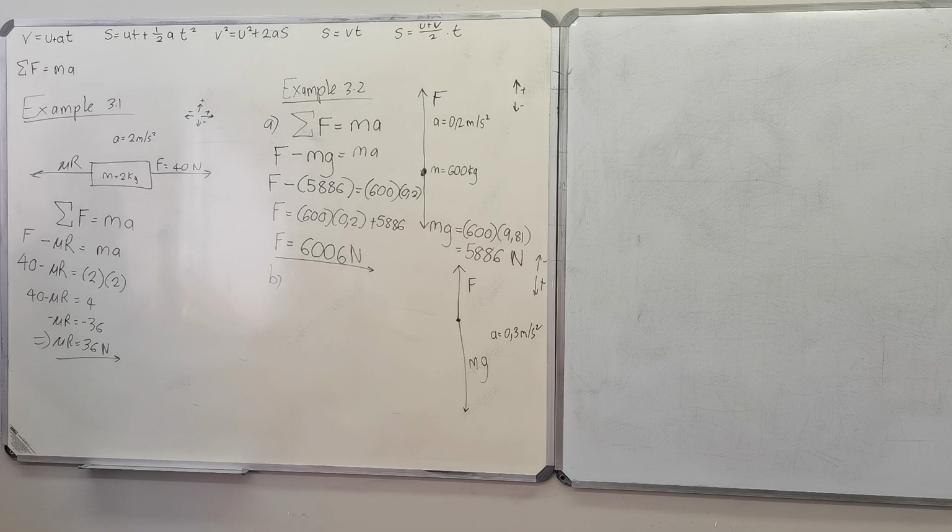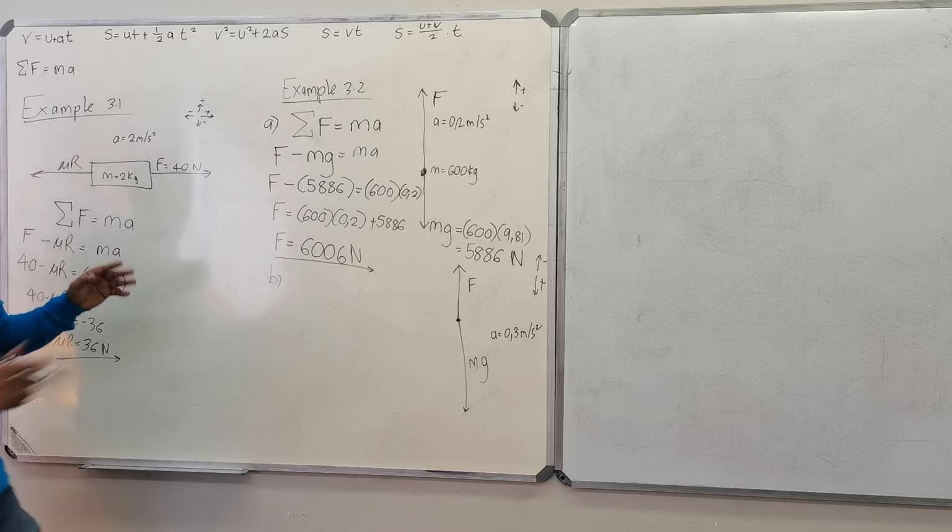Do we understand? Will it not be the other way around? I'm just saying the force now is downwards, and the pulling of this cable is upwards. Yeah, but in this instance, the force that's opposing the motion is going to be the tension in the cable.